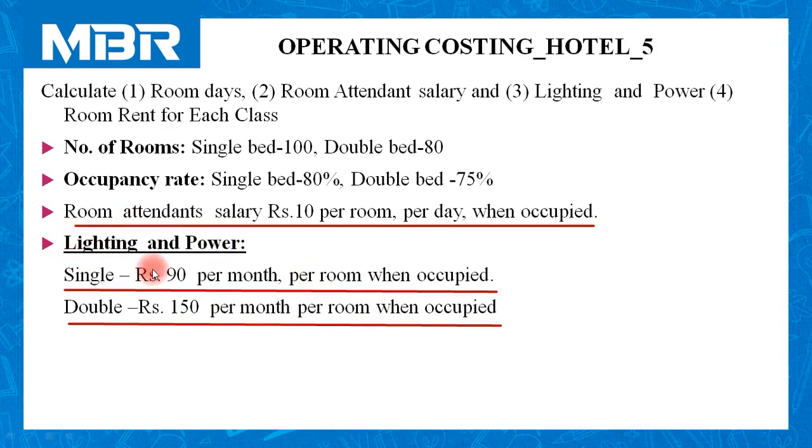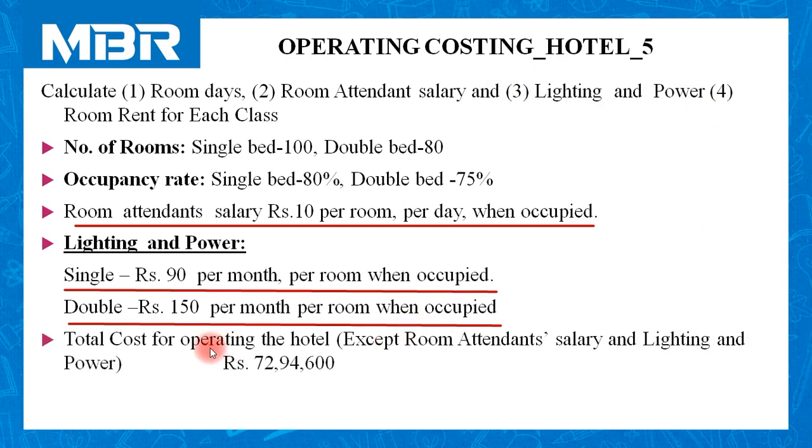Information related to lighting and power for single room and double room is most important for the calculation of item number 3 of our question, that is lighting and power.